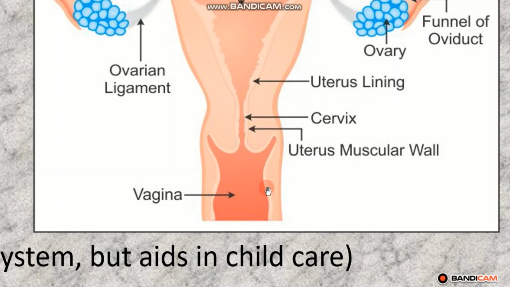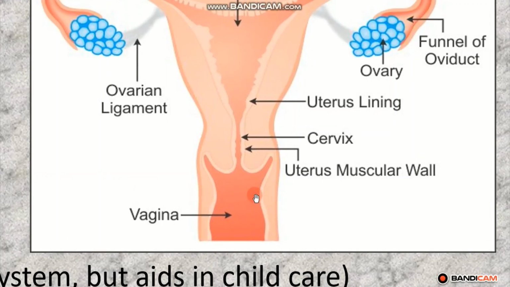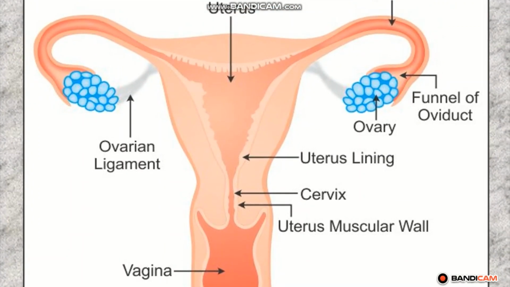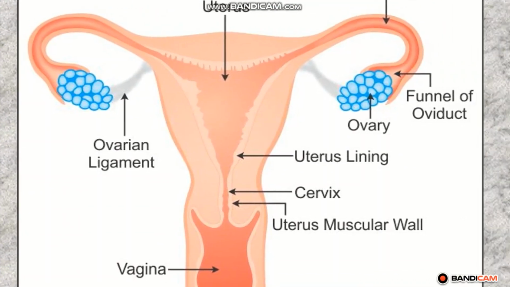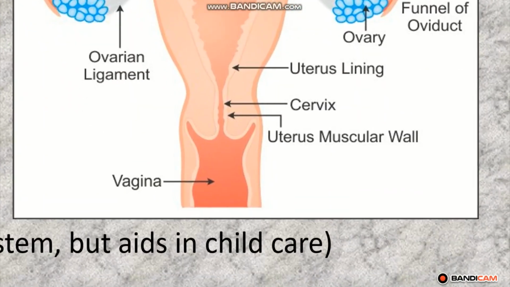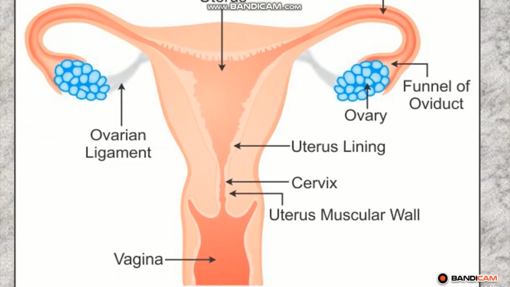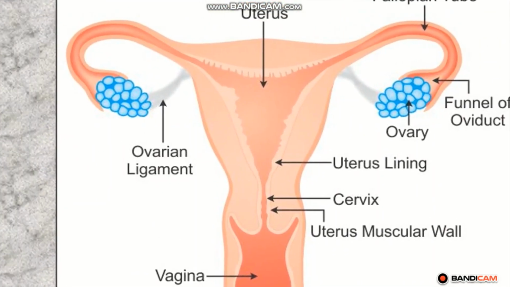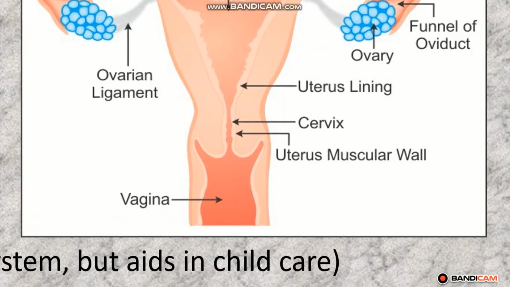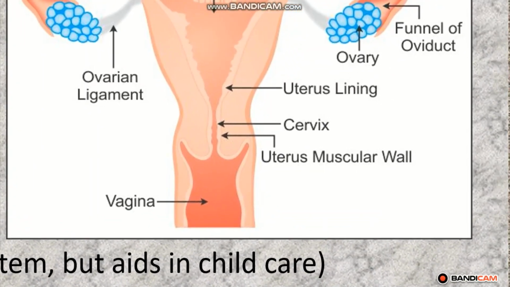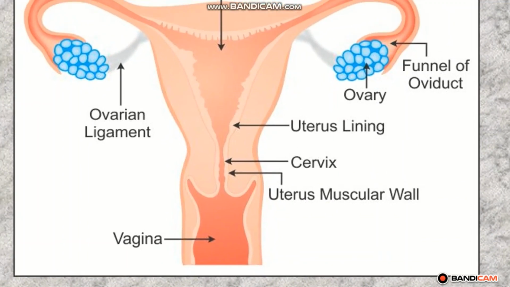The external genitalia consist of four to five parts: mons pubis, labia majora, labia minora, hymen, and clitoris. These do not appear in this diagram, so just watch and listen carefully to what I am telling you.